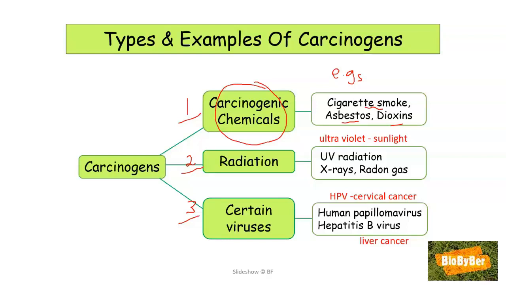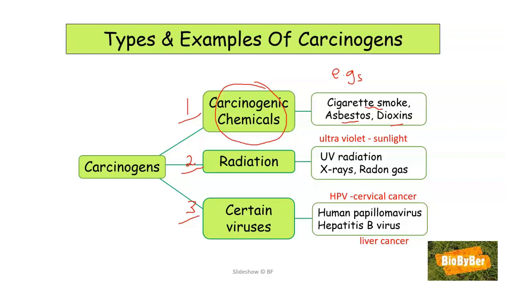So just returning to the point again, if you were asked for different types of carcinogens, the three types are carcinogenic chemicals, radiation, and certain viruses. Cigarette smoke, asbestos, etc. are examples. Therefore, you should be able to understand if you are asked for two types of carcinogens and you give cigarette smoke and asbestos as your answer, you might not get the marks.